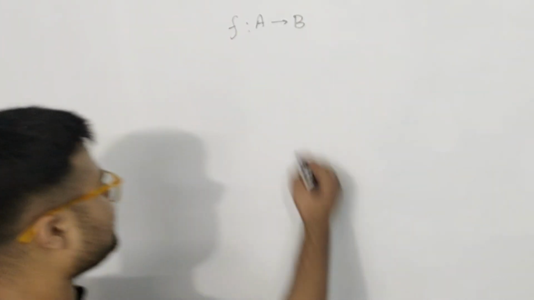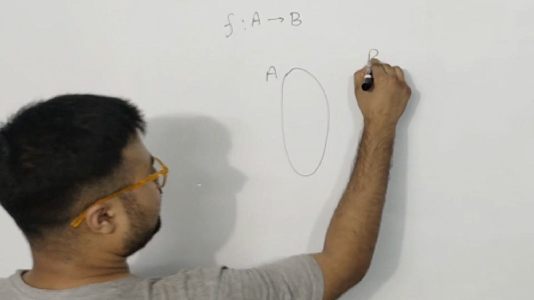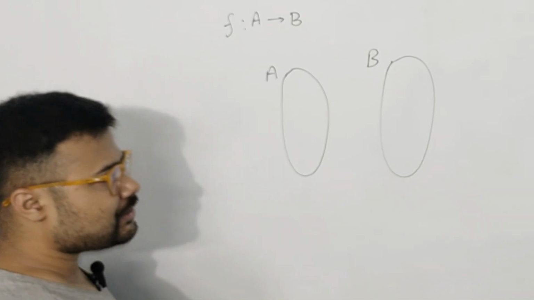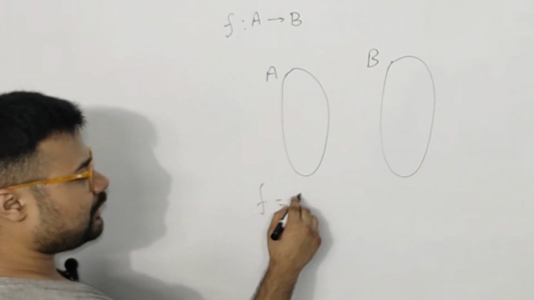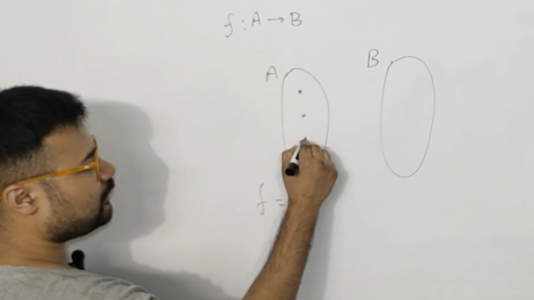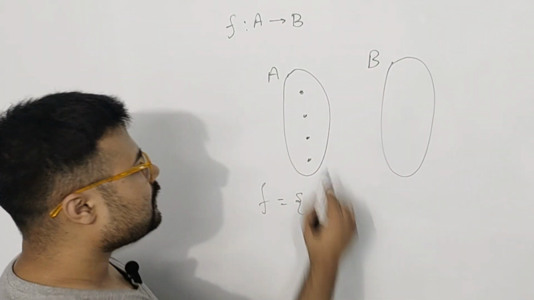So if you have this set A and set B, then in your relation, maybe for any element, what are the possibilities?